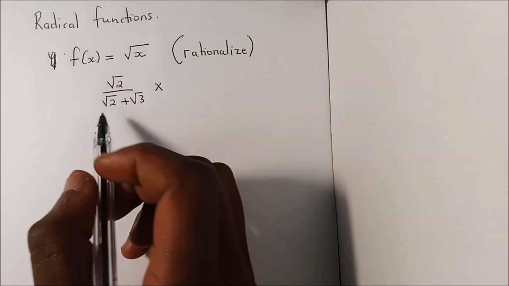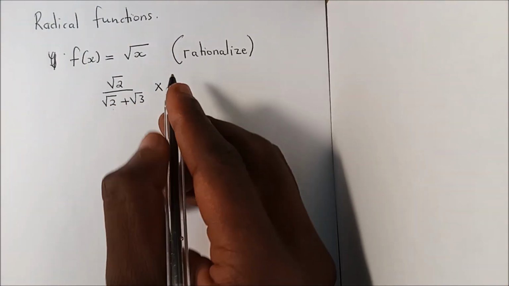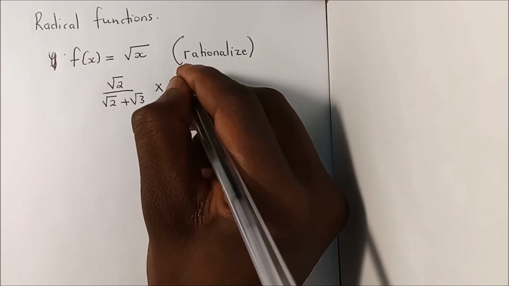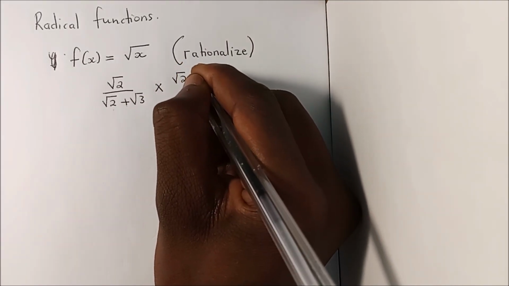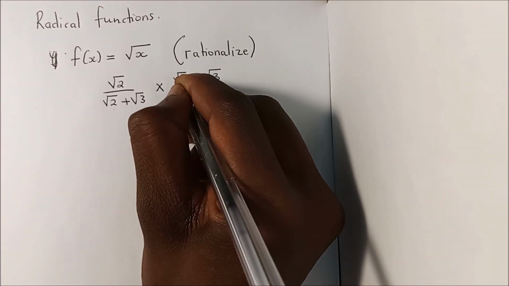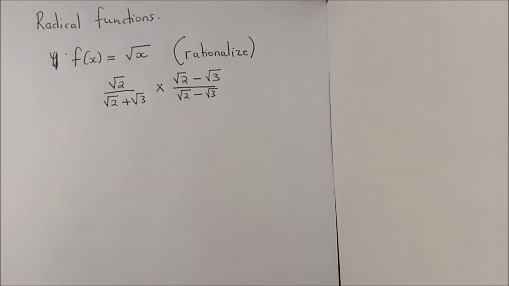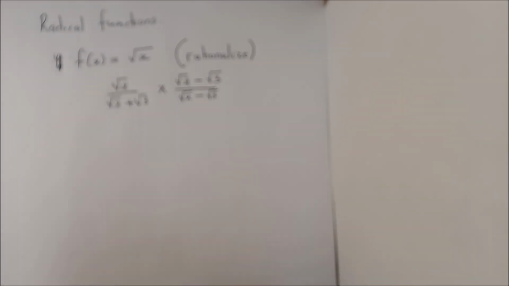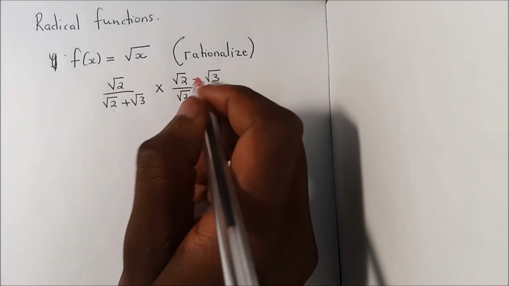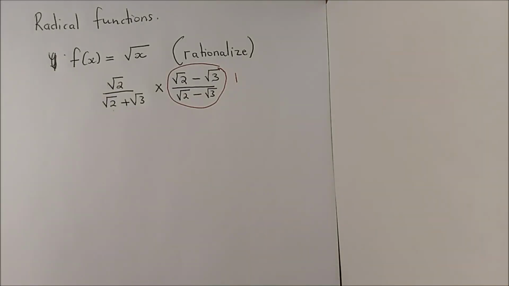So what is the sign that separates these two terms? It's plus. So if we rationalize, we will multiply the fraction by the same thing but with a different sign. So we have square root of 2 minus the square root of 3. Now if you look at this part here, that's the same as multiplying by 1. So that is how you rationalize.